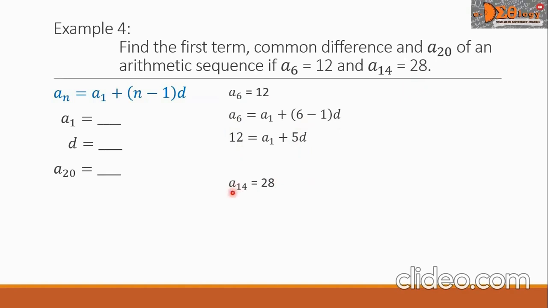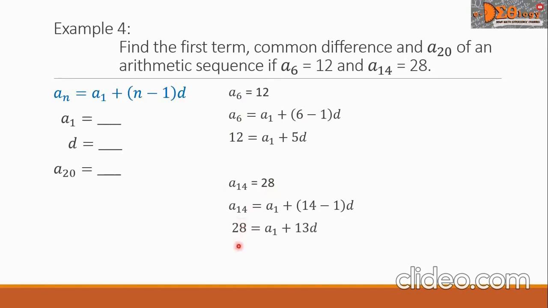The second data is a sub 14 equals 28. Also, let us write this a sub 14 with regard to our general term formula. So a sub 14 equals a sub 1 plus the quantity 14 minus 1 times d. Let us substitute the value 28 for this a sub 14.